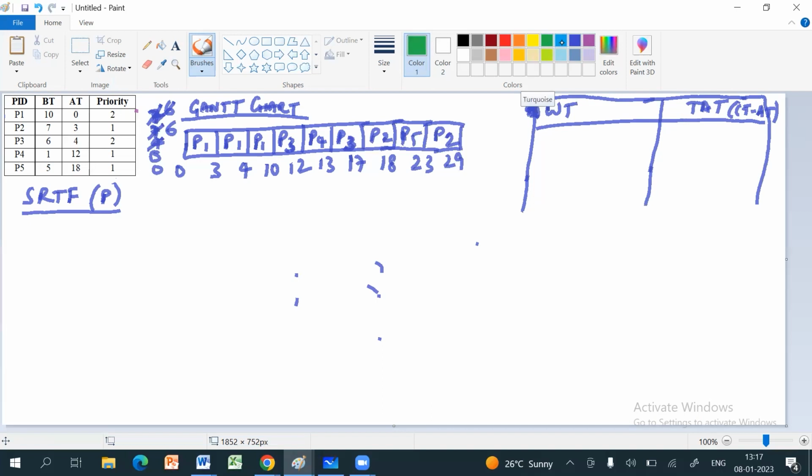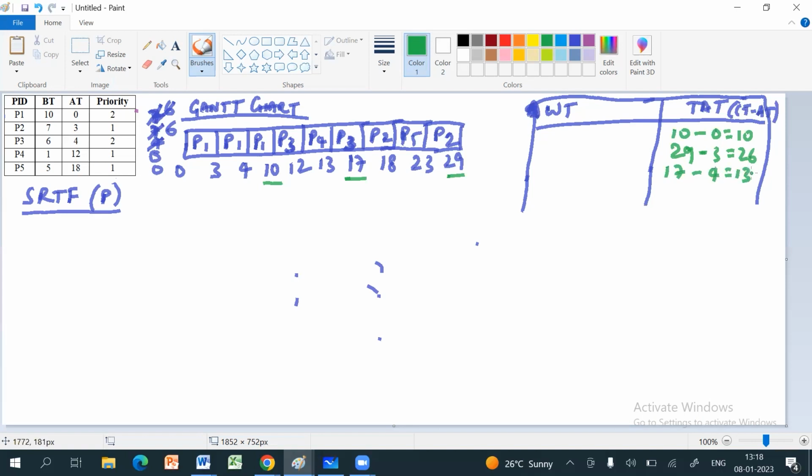So P1 completed at 10. So 10 minus the arrival time 0 is 10. And then P2 completed at 29. So 29 minus the arrival time 3 is 26. P3 completed at 17. 17 minus the arrival time 4 is 13.